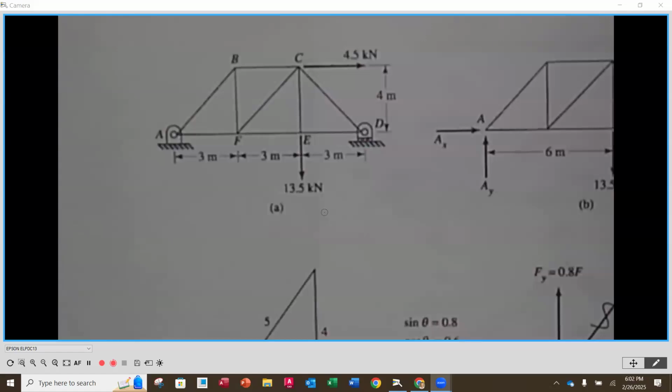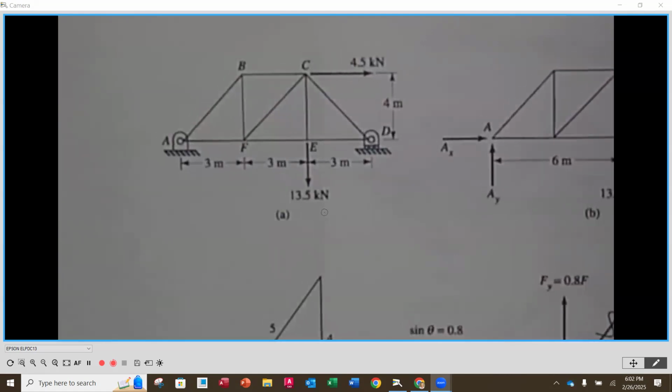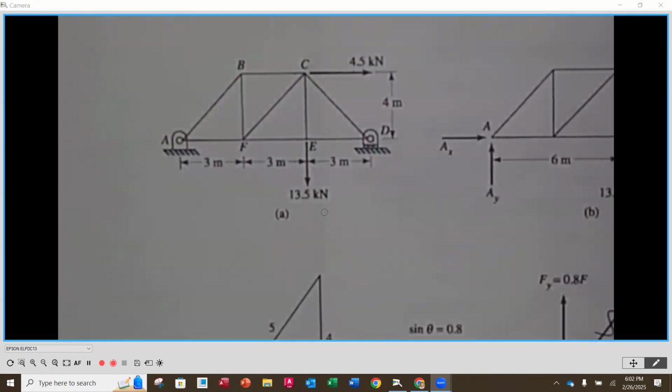Remember to put your reactions at A and D. Assume a direction. For a pin, you've got an X and a Y, right? For a roller, you're going to have one that is going to be perpendicular to the surface it's riding on. And then don't forget your dimensions.